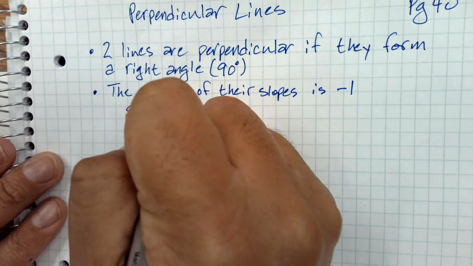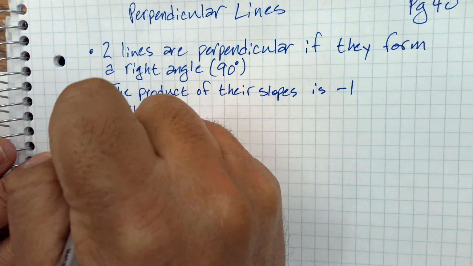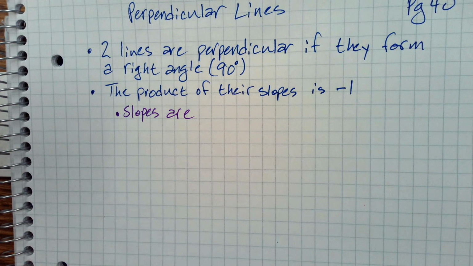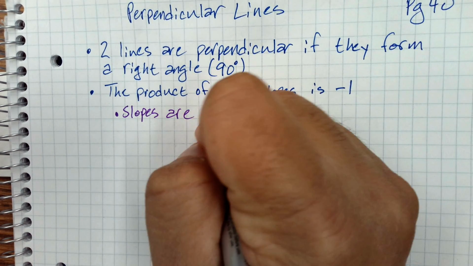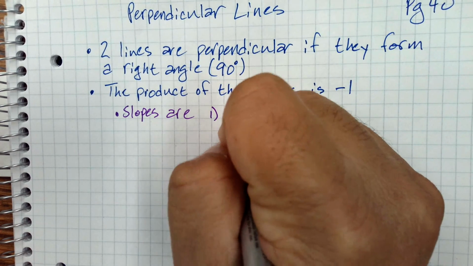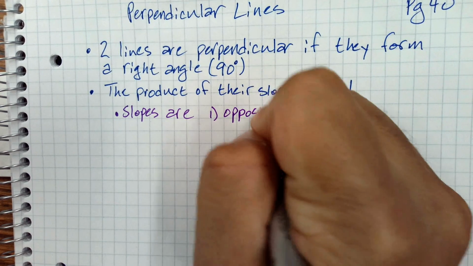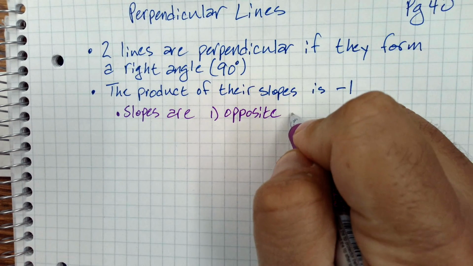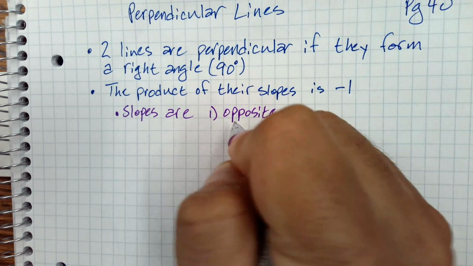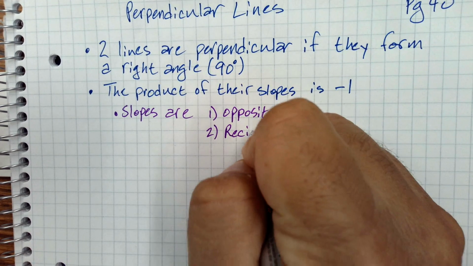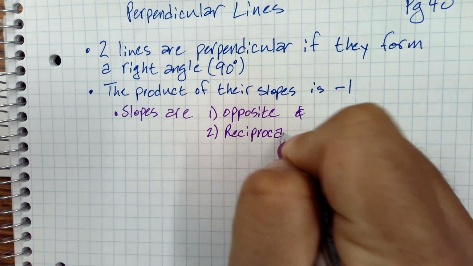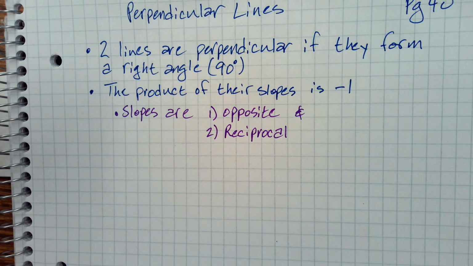Slopes, as we saw from the little demonstration we did on Desmos, are one, opposite, and number two, reciprocal. We got those two things going for it, for the slopes.